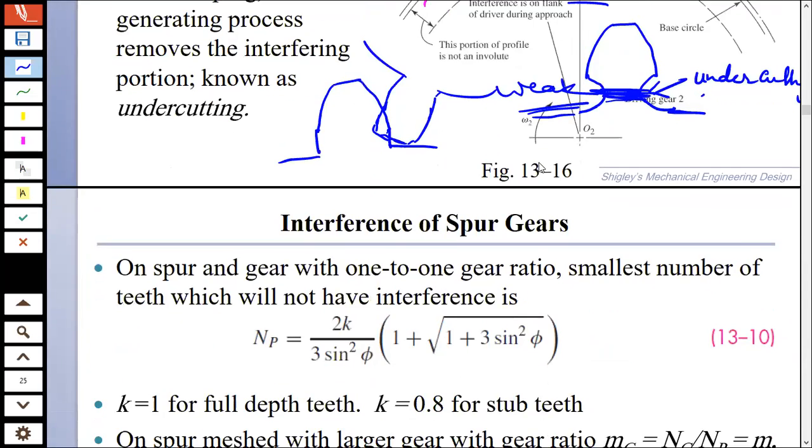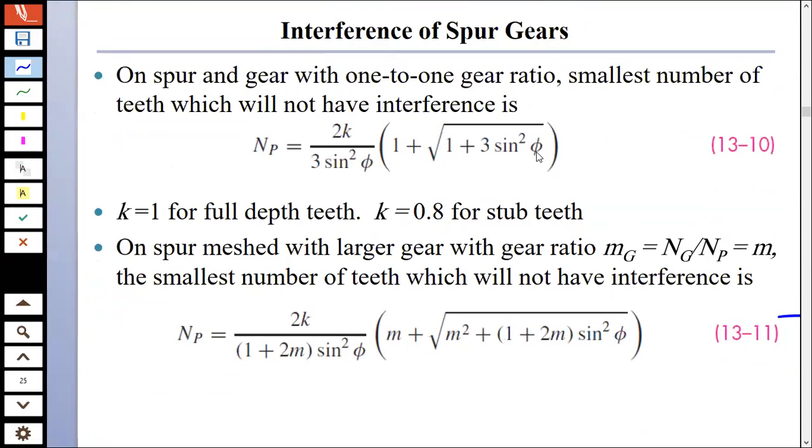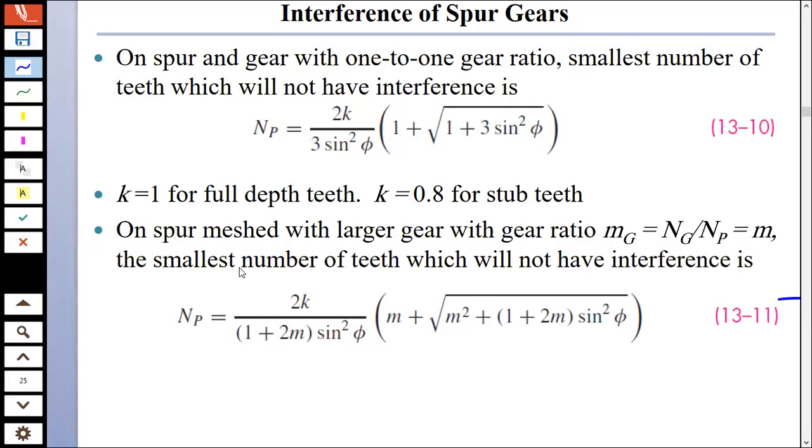So there are ways to get rid of interference. In spur gears, in order for two gears to mesh with each other, there is a defined number of teeth: at least this many teeth if you want interference-free meshing.